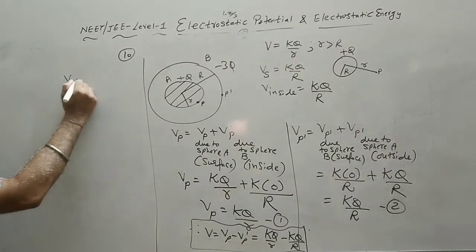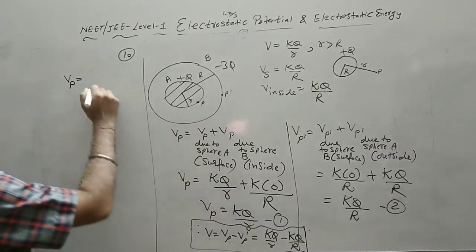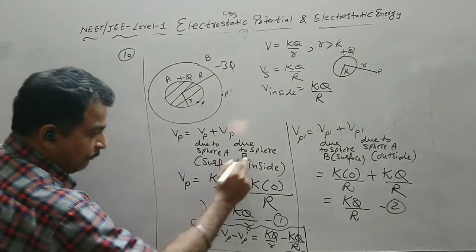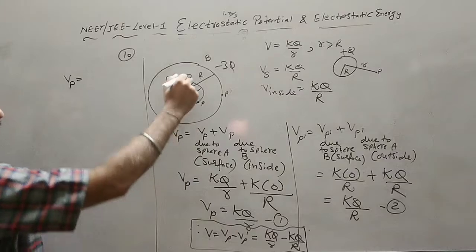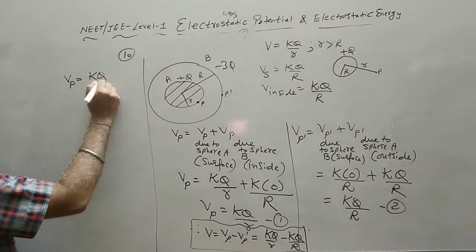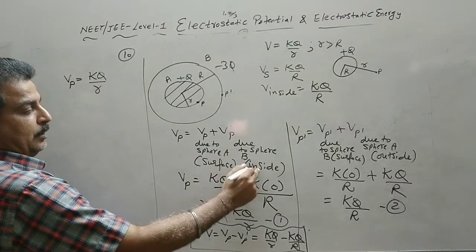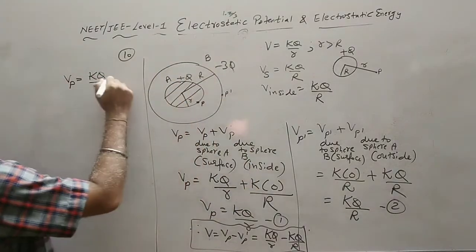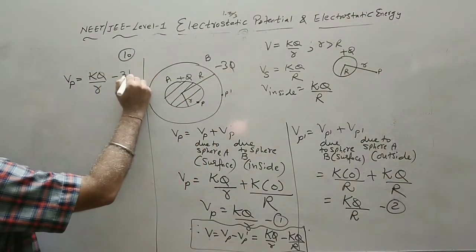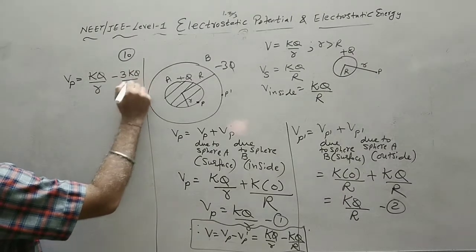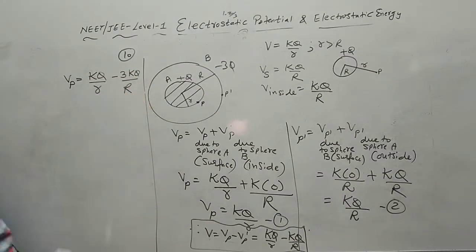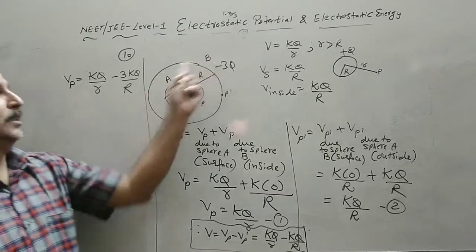So now Vp again at point P, I will write again the same formula, on its own surface. So kq by small r. Then for B it is inside. So minus 3kq upon capital R, inside formula.